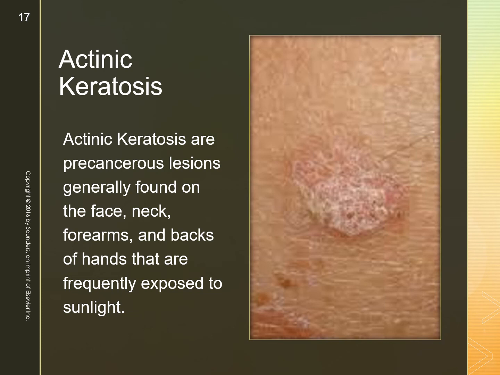It is most common in white, older adults. They do appear as papules or plaques of irregular shape. The hard scale on the lesion can shed and reappear. Treatments include drug therapy, cryotherapy, surgical excision, or electrodesiccation.